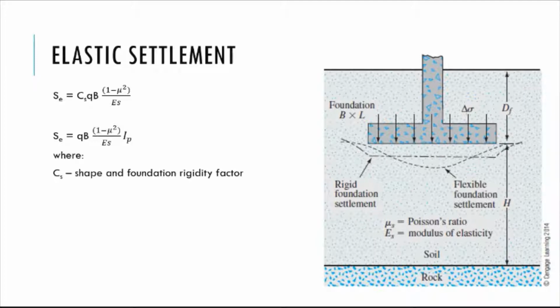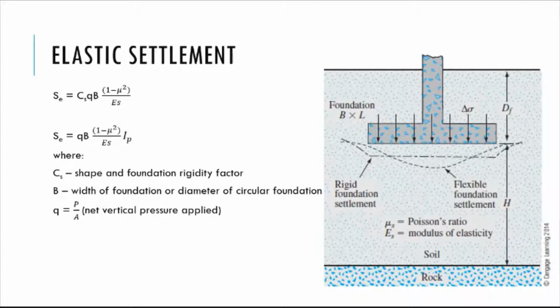where C sub S is the shape and foundation rigidity factor. It is a constant in foundation. And B is the width of foundation, or the diameter if it's a circular foundation. And then Q is the force over area, or the net vertical pressure applied.